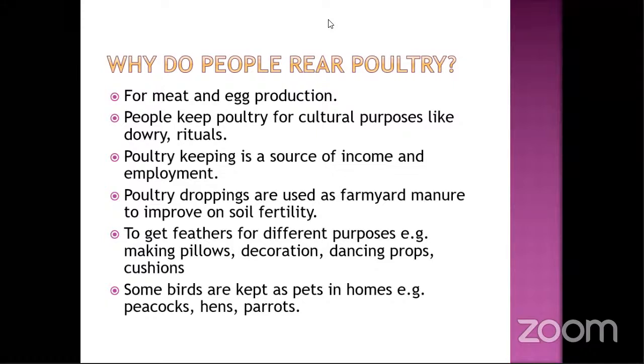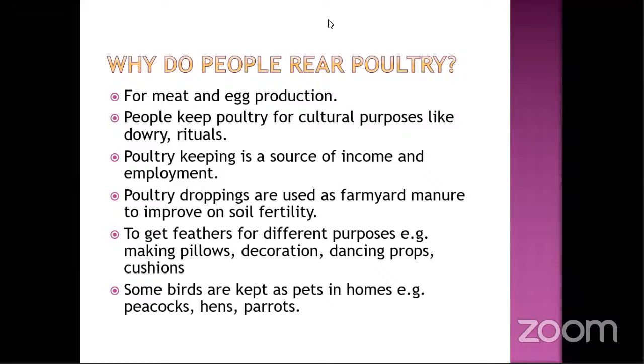Pets are animals or birds kept at home for company. For company, she has brought in a new word there. Company. Let's hear from Joshua. Pets are animals or birds kept by man for company. Good. Let's hear from Akelo.